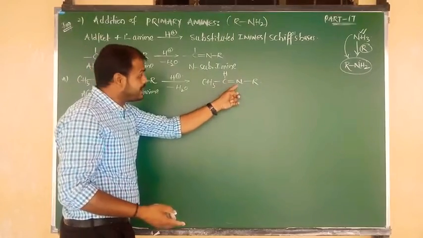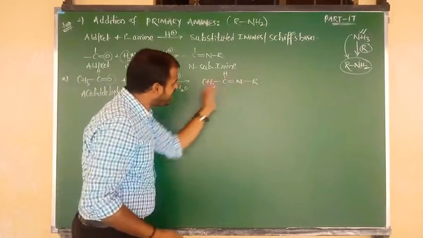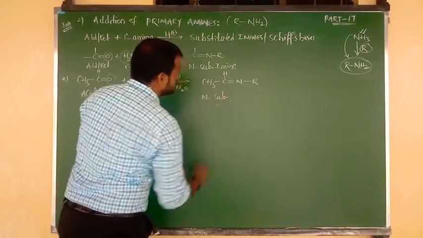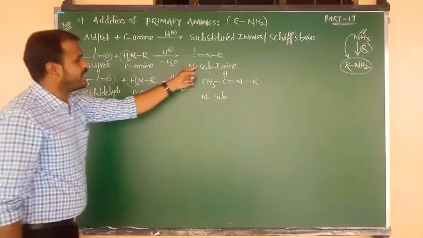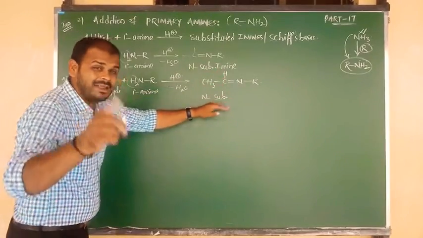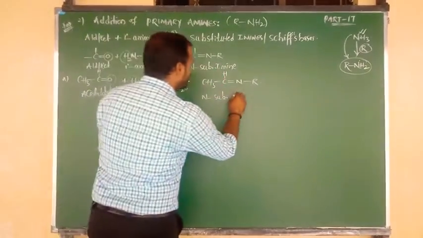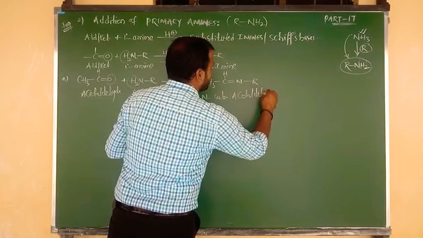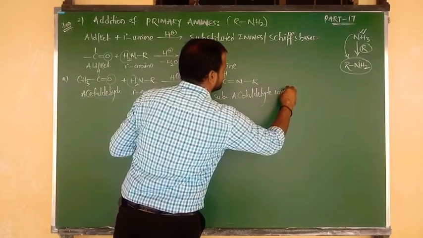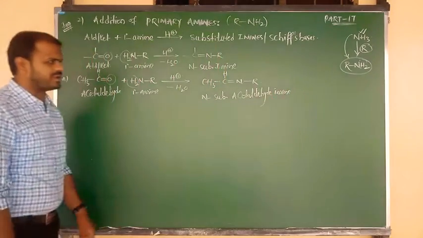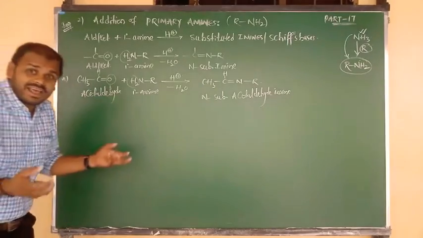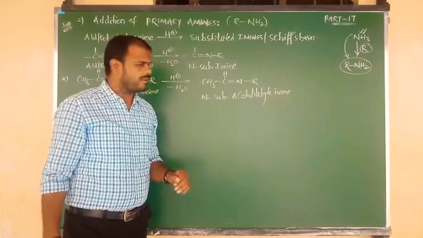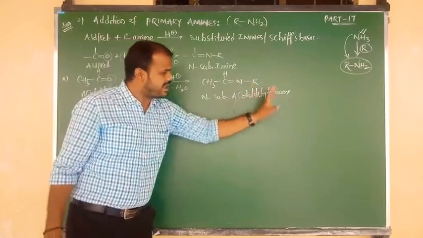Which type of imine? N-substituted imine, N-alkyl imine. So here the exact compound name is N-substituted imine. But this is the imine coming from acetaldehyde, so we say N-substituted acetaldehyde imine, and also N-alkyl acetaldehyde imine.